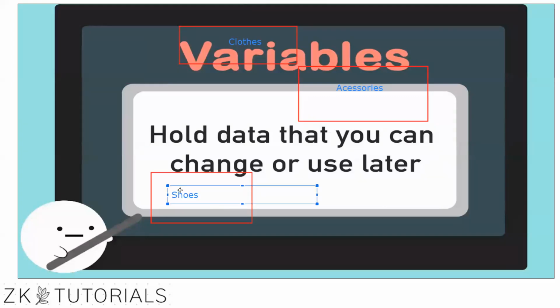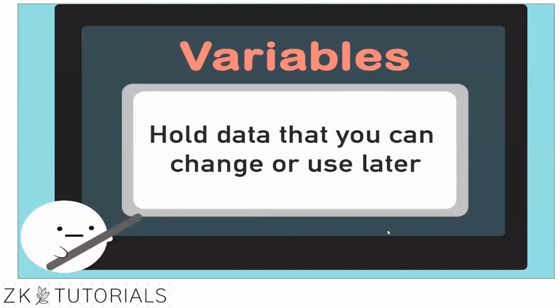You want to use these shoes in your new house, right? You are not going to throw these shoes away, right? So you can change your data and you can use it later. So this is the use of variables. Okay, I hope it's clear.